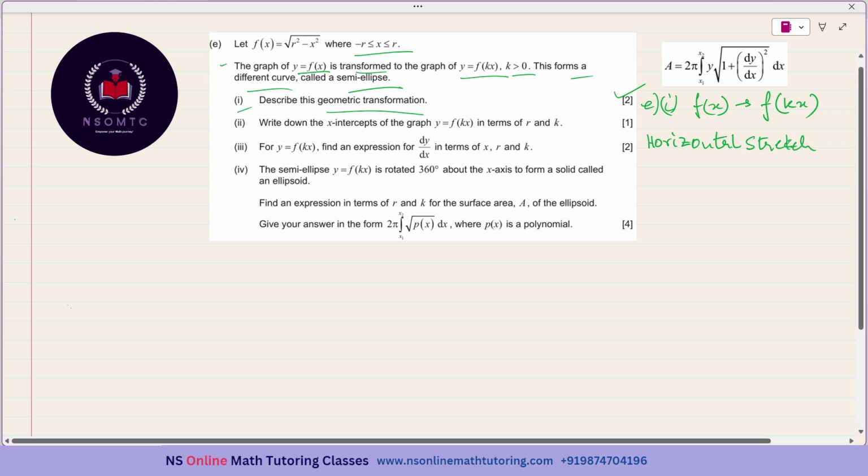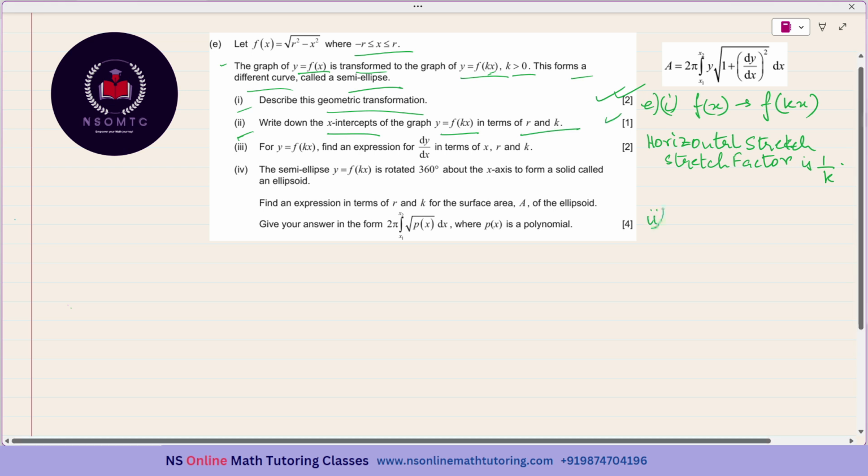And for the stretch factor, for horizontal stretch, you have to always take the reciprocal. So the stretch factor is 1 over k. Okay, we have got 2 marks. Part ii: write down the x-intercepts of the graph of y equal to f of kx in terms of r and k. Just a single mark.